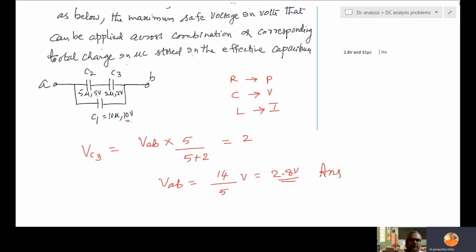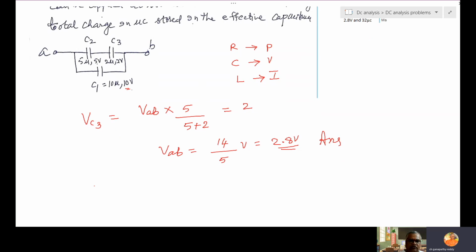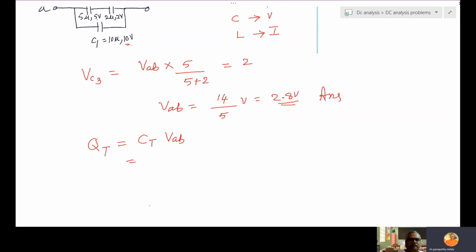Then it is also asking total charge. To find total charge, Q equal to CT into VAB. But what is C equivalent?